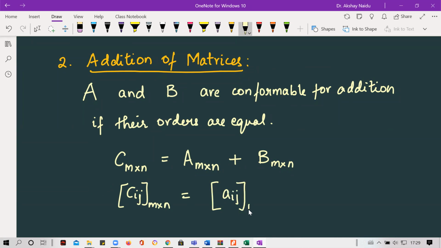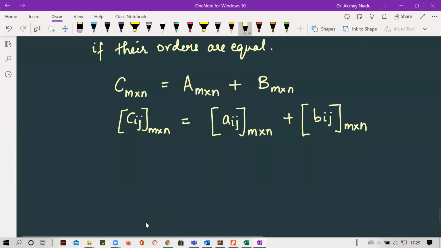So the notations we are writing like this. Now, when you see here, Cij is equal to Aij plus Bij.